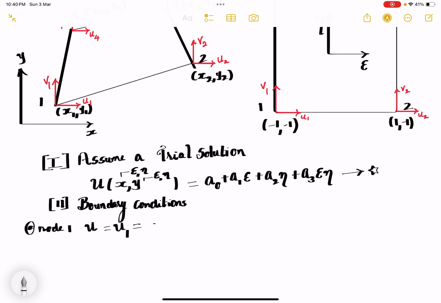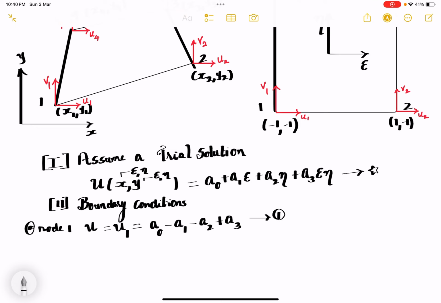The trial solution is saying a0 plus a1 epsilon, and at the nodal point 1, the value of epsilon is -1, so that becomes minus a1. And also the value of eta becomes -1, so it is minus a2. And the value of epsilon and eta, both are -1, that leads to plus a3. I can call this equation number 1.